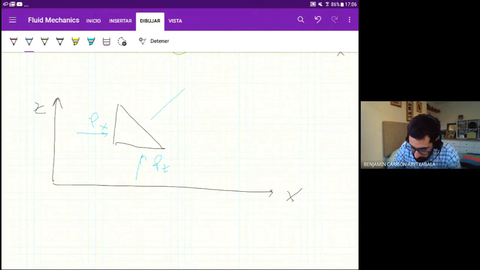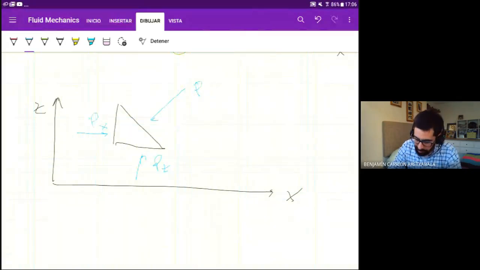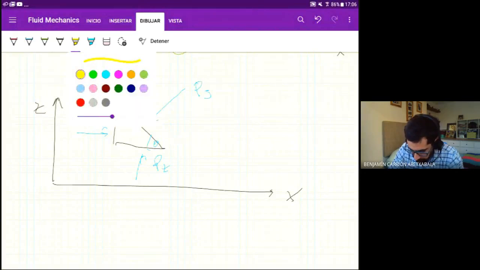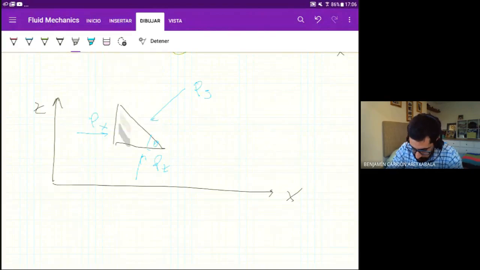And we're going to have here some p. Let me call this s. And let's say this is an arbitrary angle. And on top of that, this wedge has some weight.